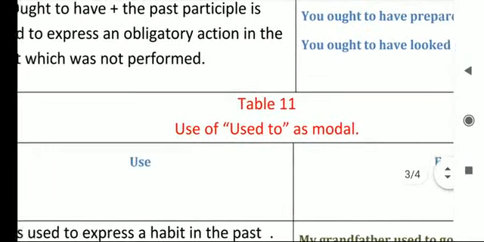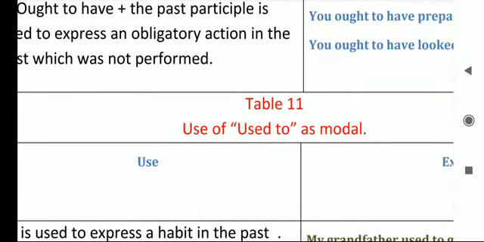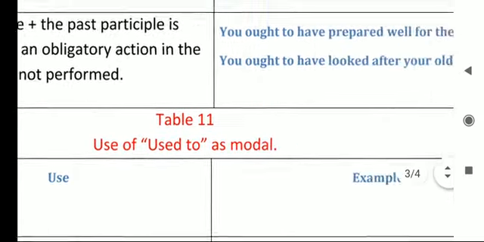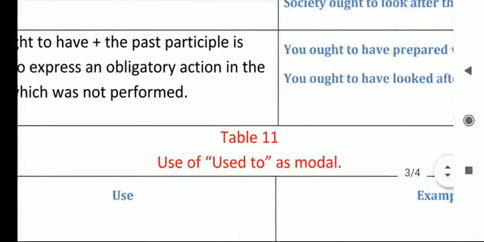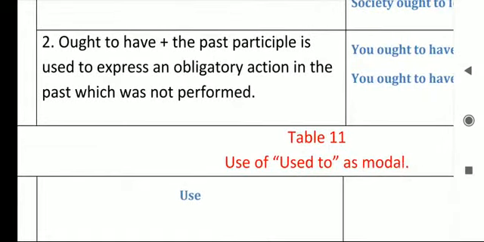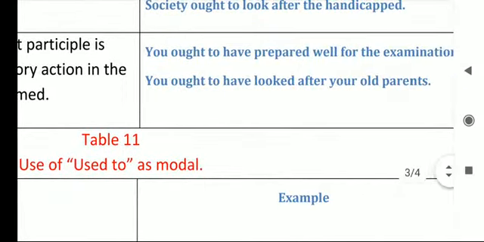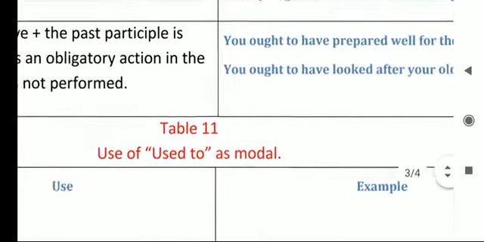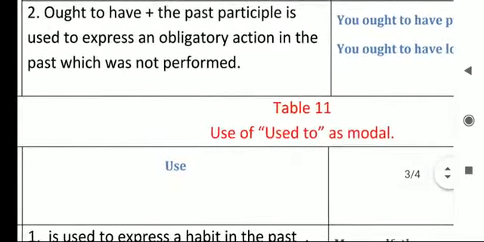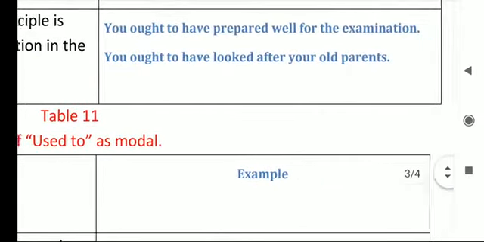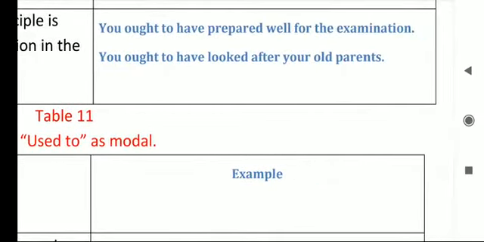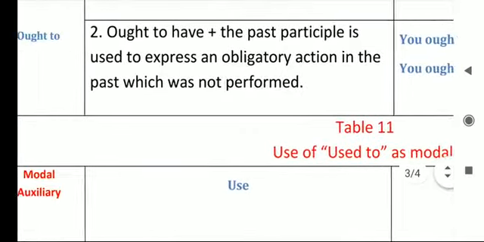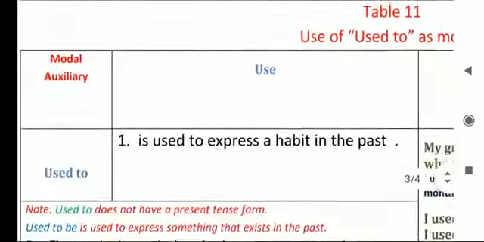In these examples, these are obligatory actions which have not been performed, right? So you ought to have prepared well for the examination. This was an obligatory action in the past which has not been performed. So you ought to have looked after your parents. This is the use of ought to.